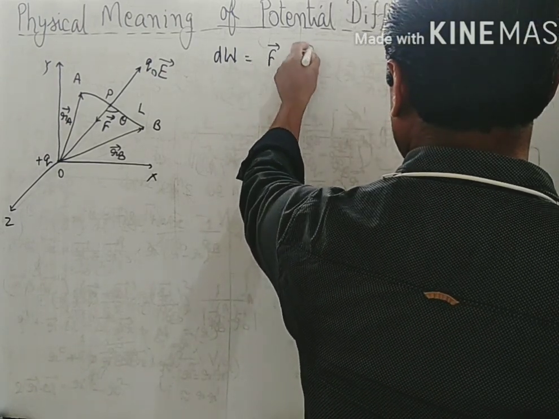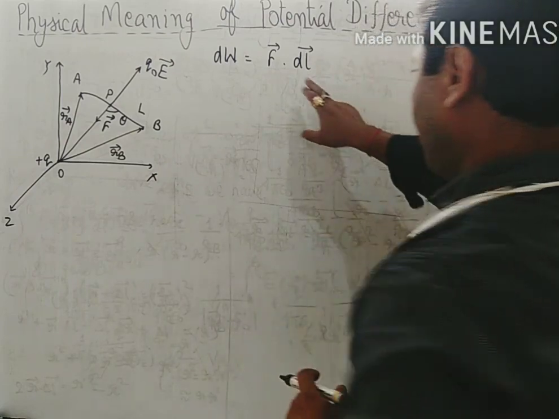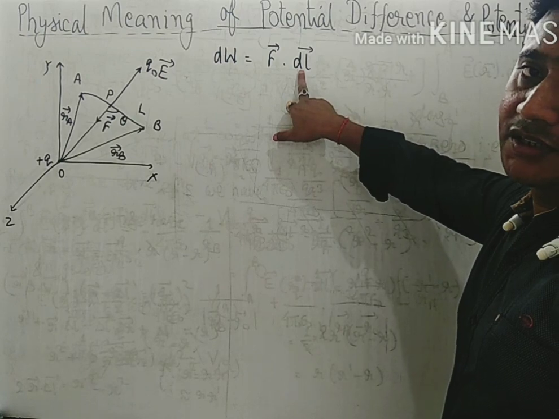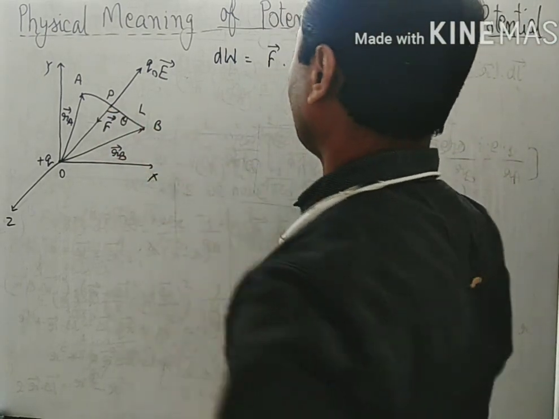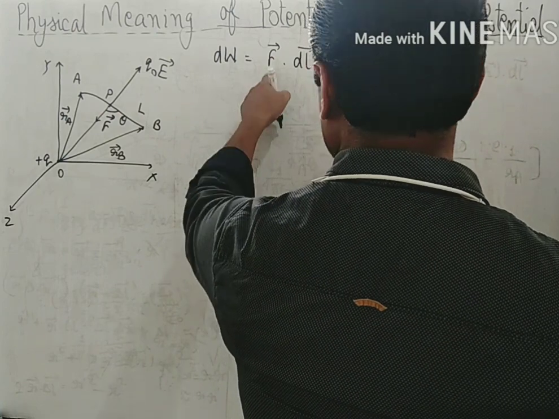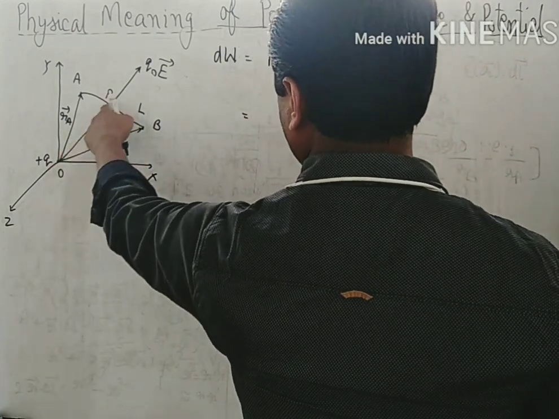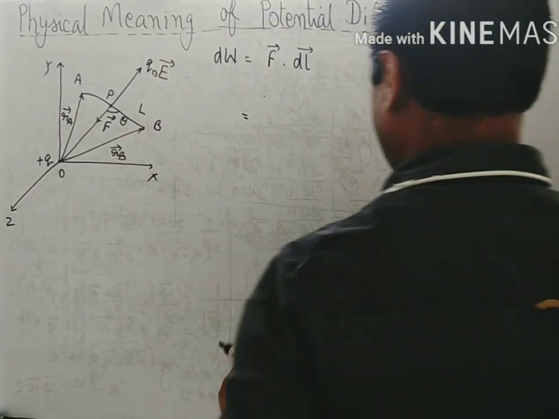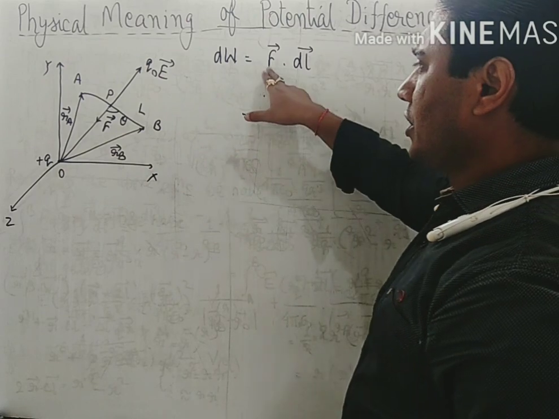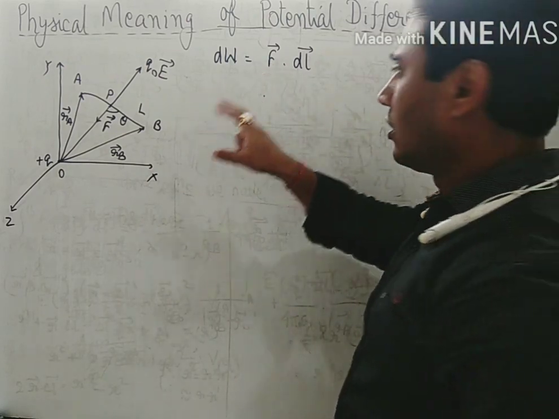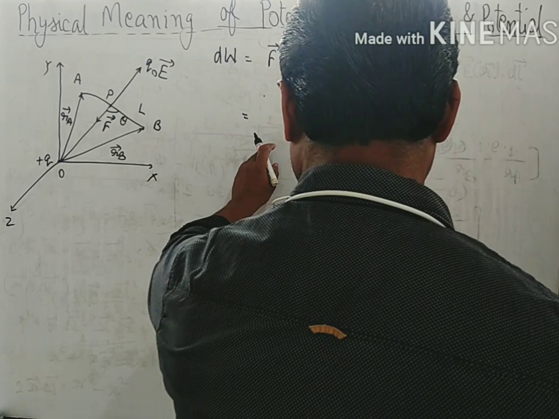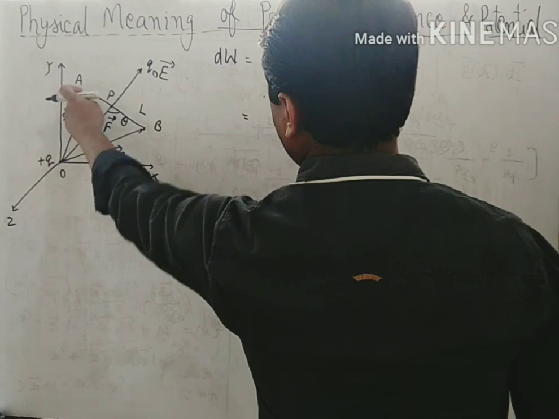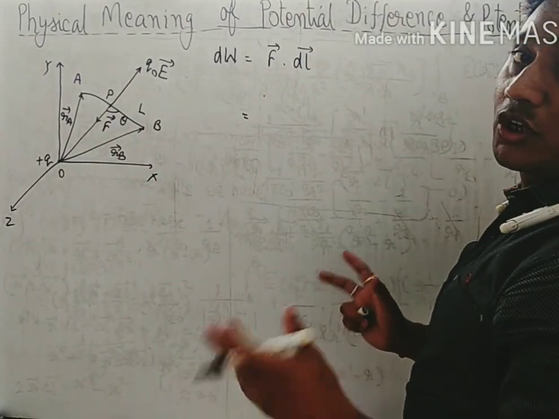Now the displacement that we are producing by the application of this external force is infinitesimally small, say vector dl along this path. Now the force due to this source charge at this point we can very well write, and that will be the electrostatic force. So here we just now have some modification. So further we can write, by integrating this equation between these 2 points, we can calculate the total work done.